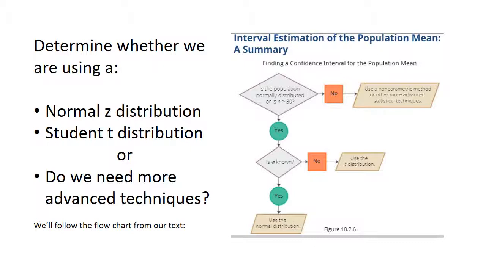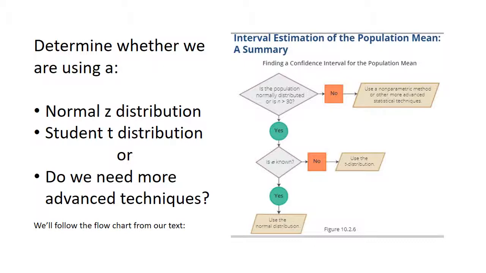So, in order to use our techniques, once we've decided it's a good study, we need to know or to have a strong belief that the underlying population is normally distributed or our sample size is bigger than 30. If our underlying population is not normally distributed, and if we have a tiny sample, 30 or below, our methods don't work.